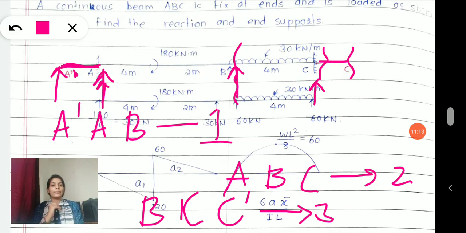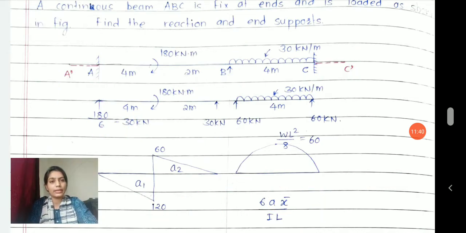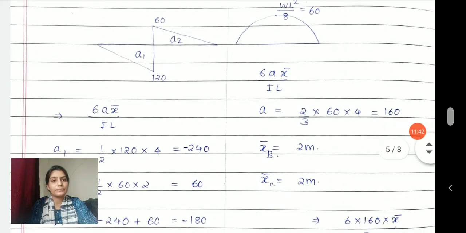That is how I am approaching it. I have introduced the extended dummy span to make my analysis possible, because I want to take the moments at the fixed support, and to do so I need to apply Clapeyron's theorem, or three moment theorem, for the three consecutive supports, and for that I have added this extra dummy span in my calculations. Right.